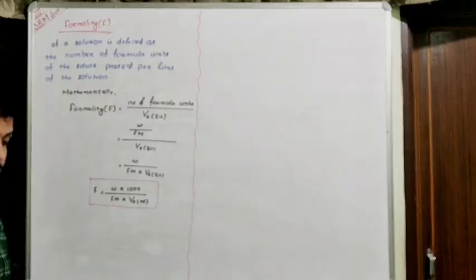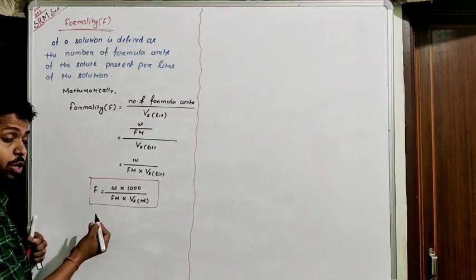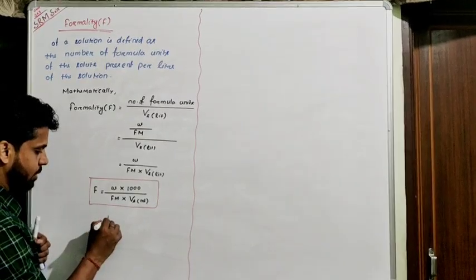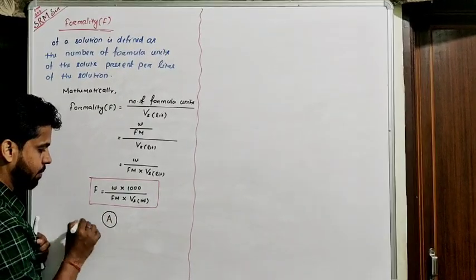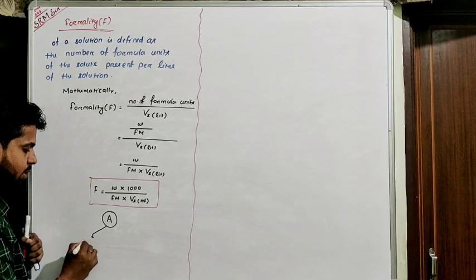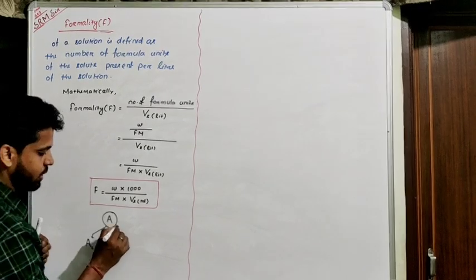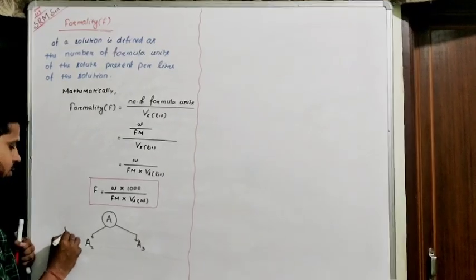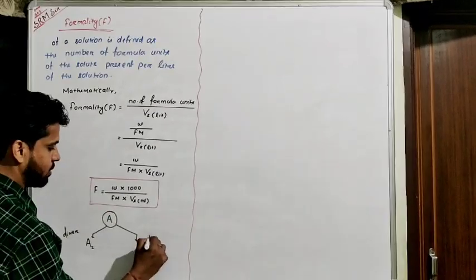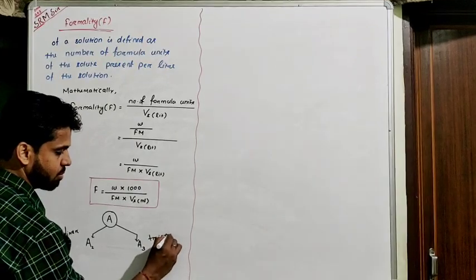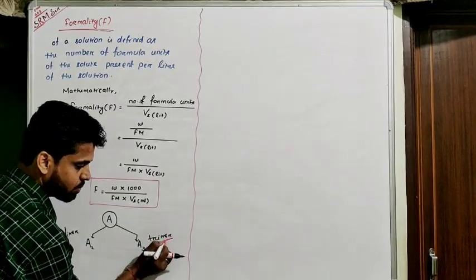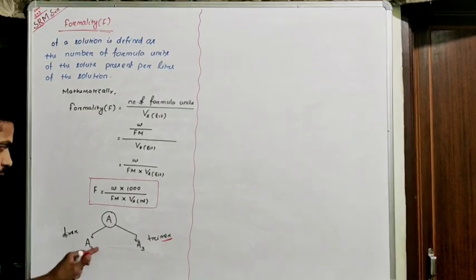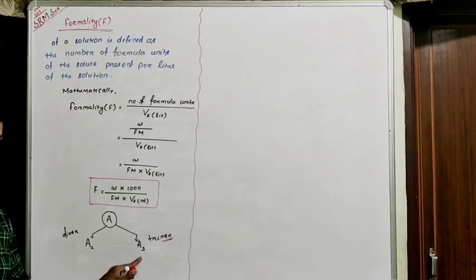What is formula mass? We know about polymers. Let me take a substance A. It is present as a dimer, let it be A2. It is present as a trimer, it is A3. Mer means what? Unit. So a dimer consists of 2 units of A, and a trimer consists of 3 units of A. Right.